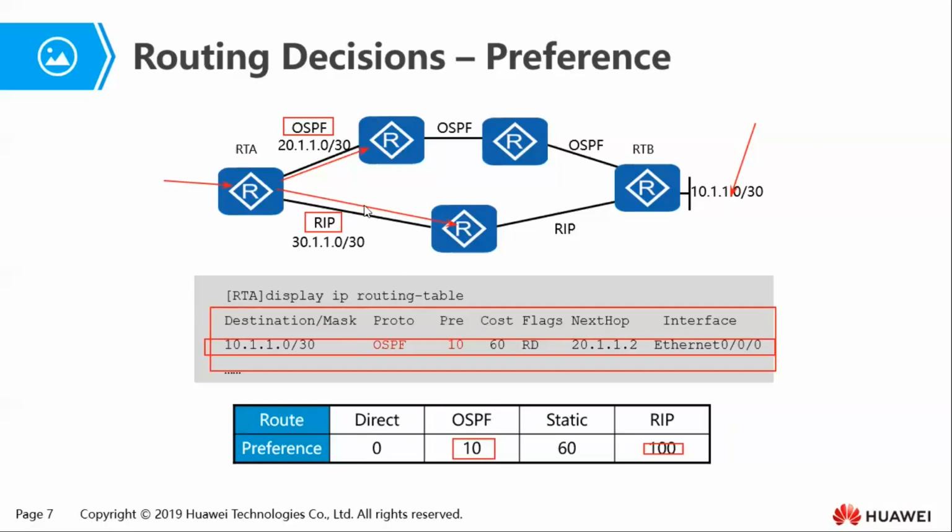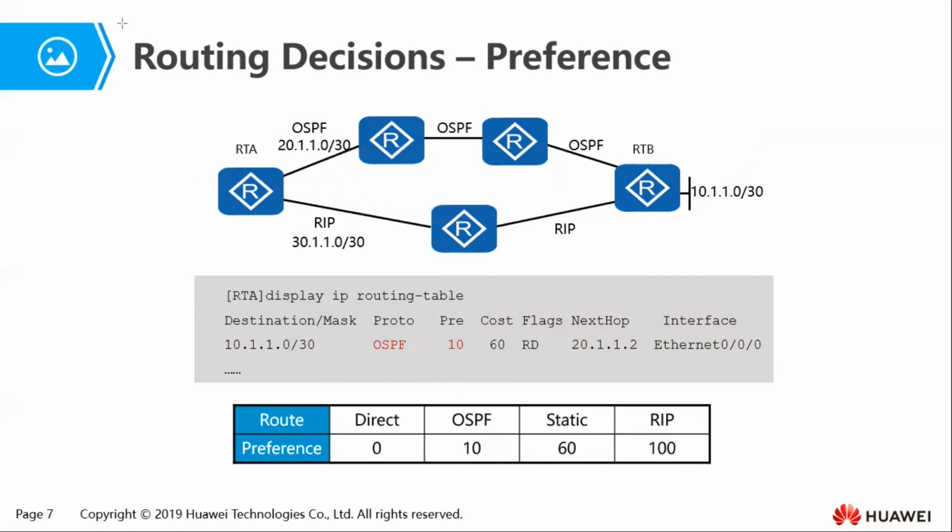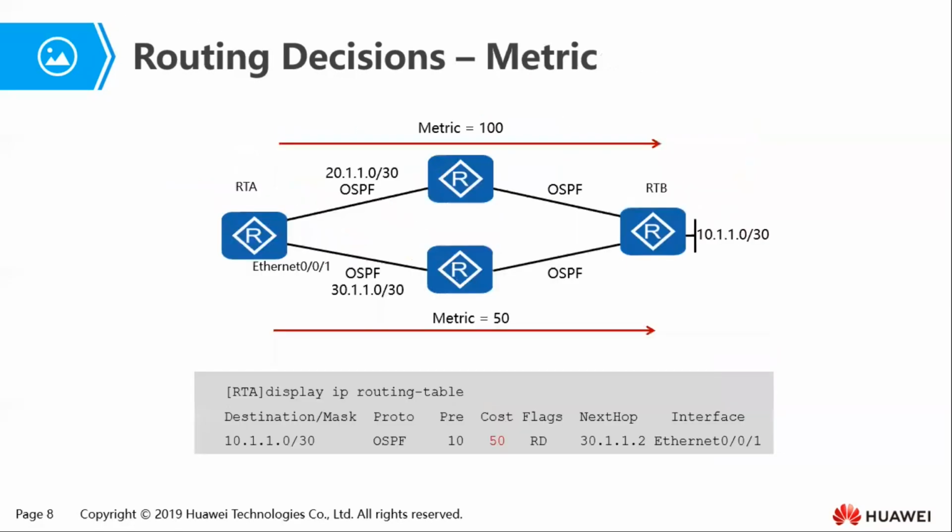So we're not going to forward via that route, we're going to forward it via this route. We can see here on our routing table for RTA that indeed the protocol is OSPF and the preference value is 10. So I hope that is clear.